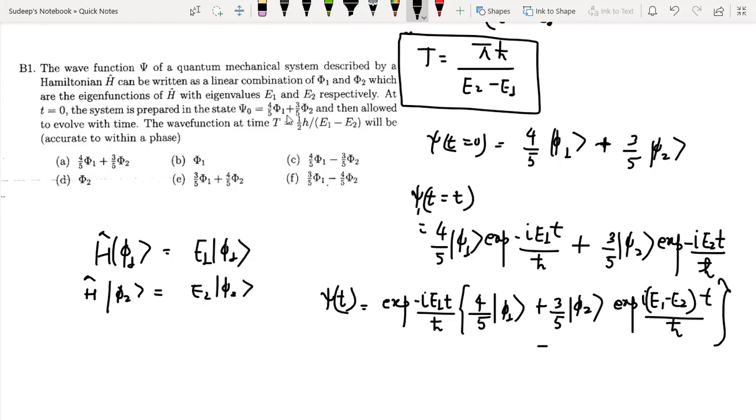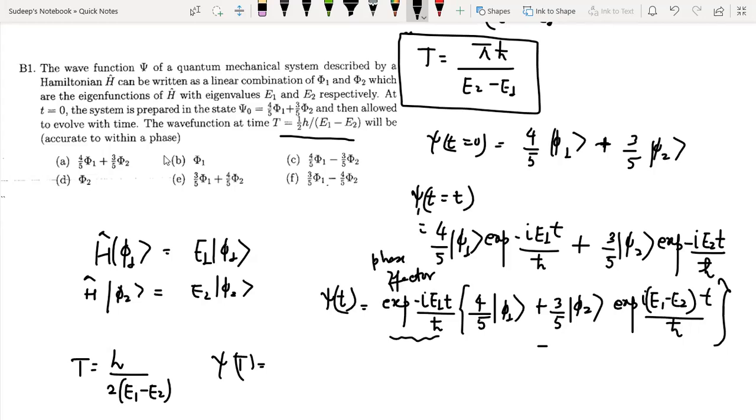And now it is given to me that the wave function at any later time t, which is simply h upon 2 E1 minus E2, what would be my wave function? I mean, this particular phase factor would remain. So this is what they're saying, that barring this phase factor, what would be my wave function?